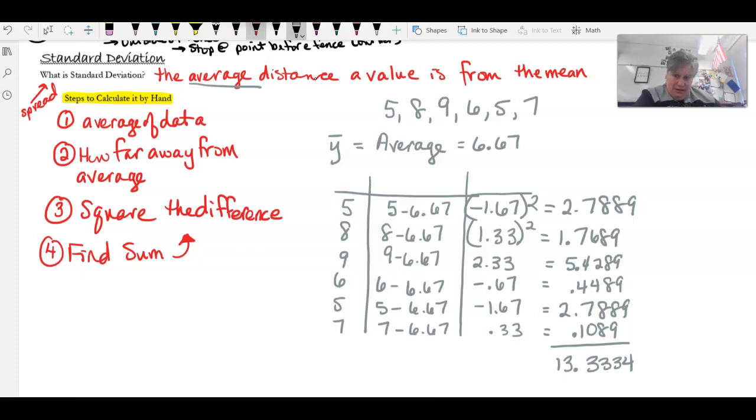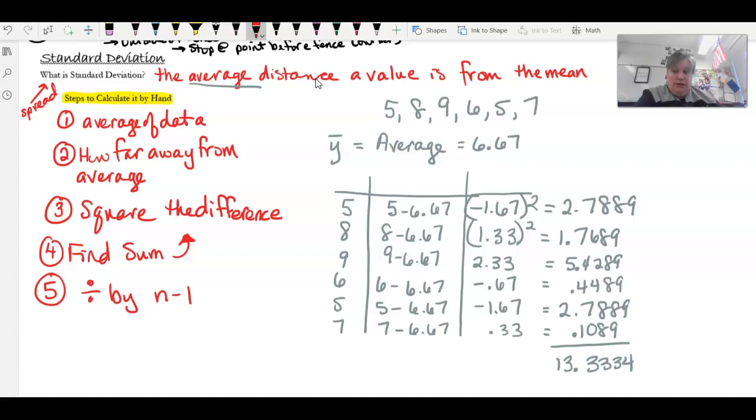Now here's something that's a little different. To find the average, you just would divide by the number of numbers. So you would think that we would divide by 6, but for standard deviation, we are actually going to divide by n minus 1. The reason we divide by n minus 1 is because that helps with some of the variability, and it allows us to apply this to other things.